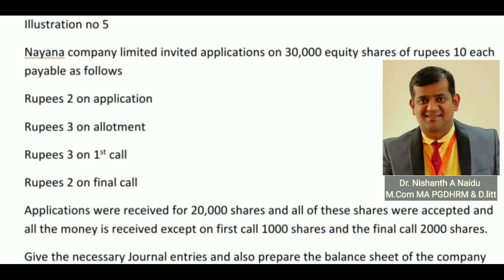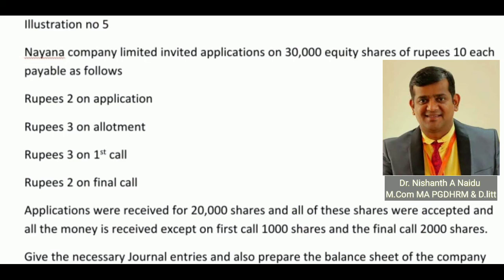Here you have to focus on 2 to 3 important points. Here the company has invited applications from the public for 30,000 shares. But how many shares have been applied for by the public? Applications were received for 20,000 shares.